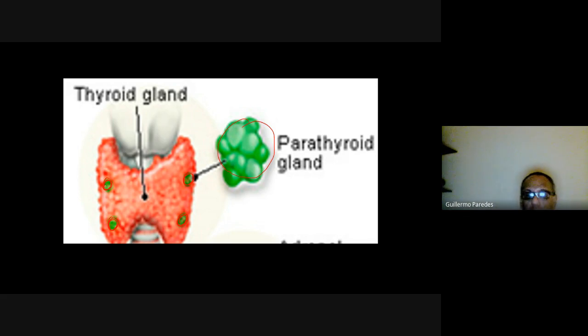All right. So the parathyroid glands have the opposite function of the calcitonin. Number one, the parathyroid gland does not follow the hypothalamic-pituitary axis. We didn't mention the parathyroid gland in the previous classes, so it is not following that axis.